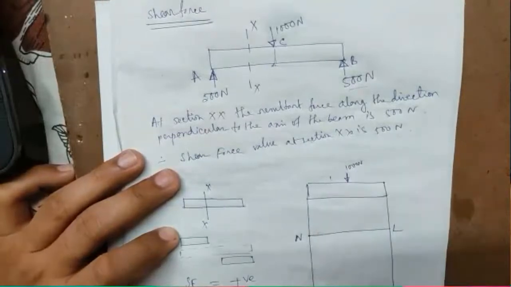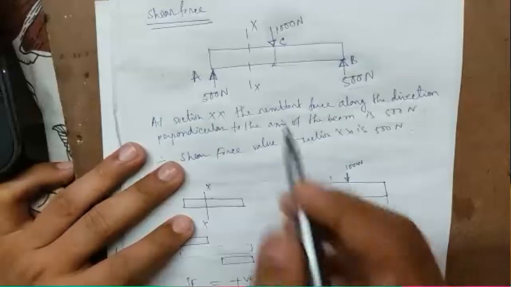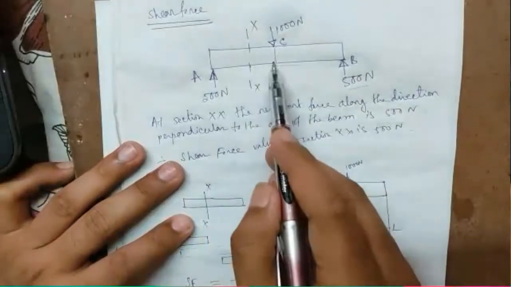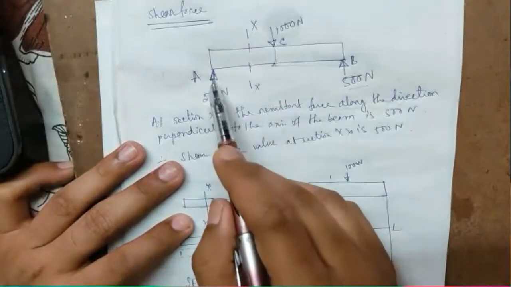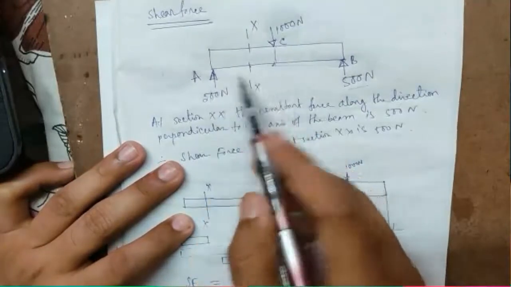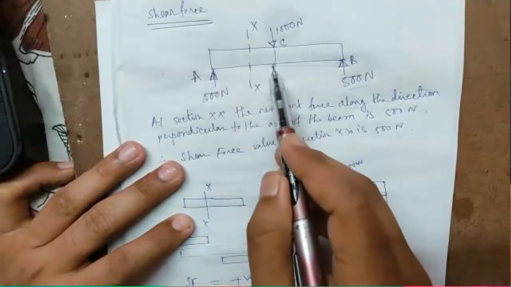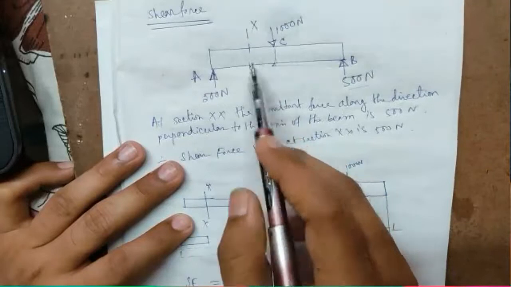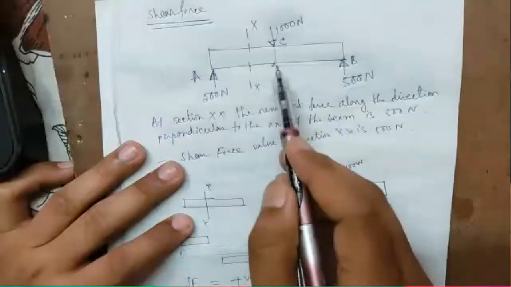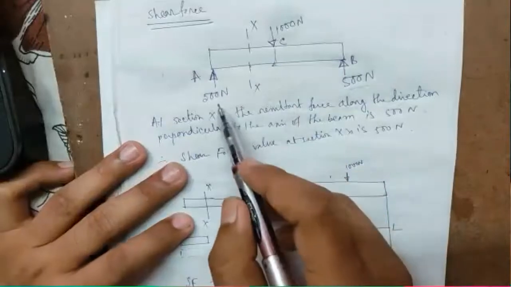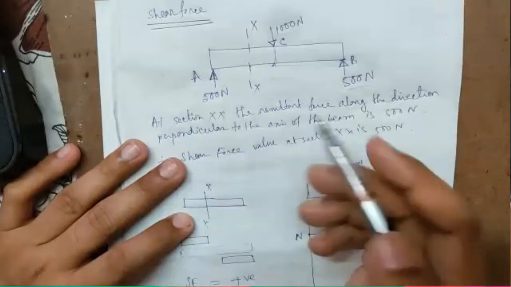Newton. So if we start drawing from left side, then when the section XX is just before point C, imagine in your head, try to visualize, when this XX section is between A to C at any point, then the shear force is positive and the value of shear force will be 500 Newton.